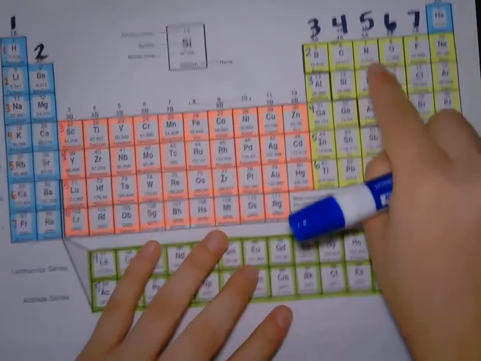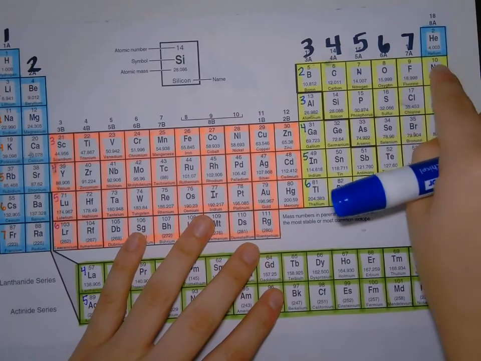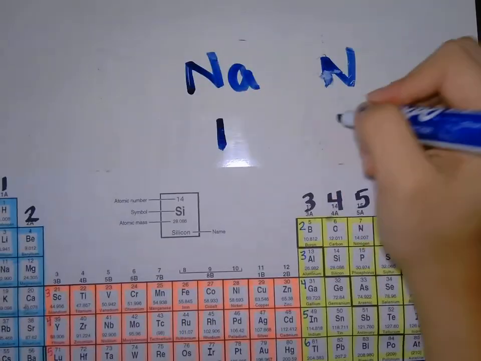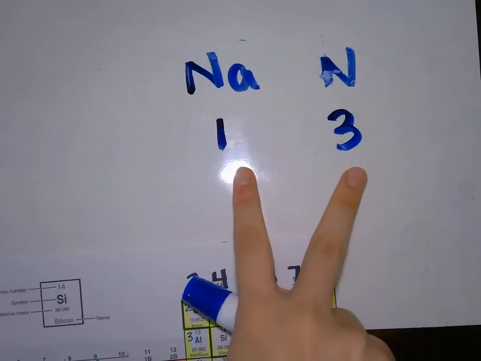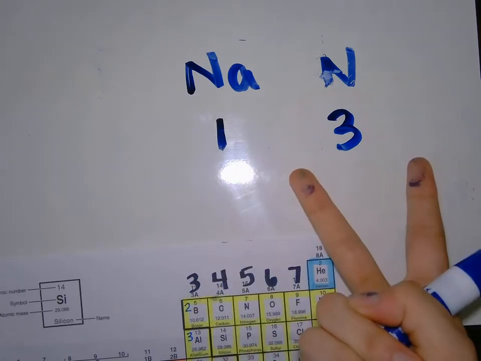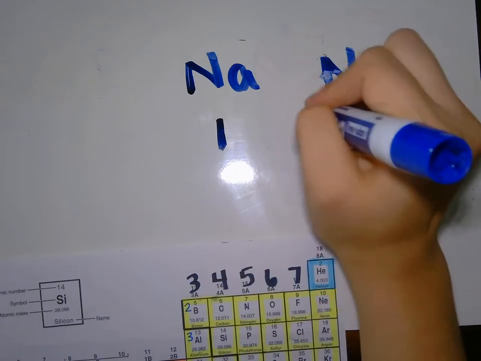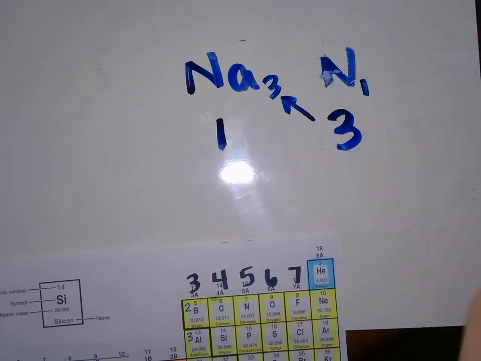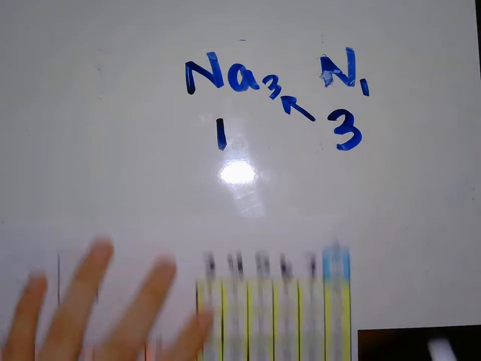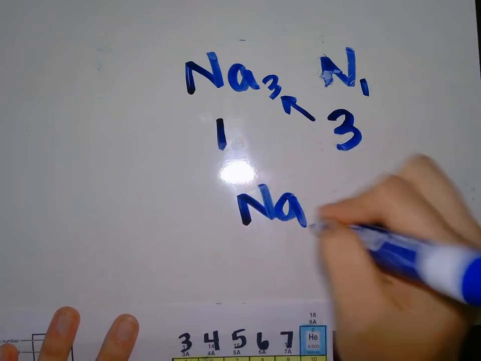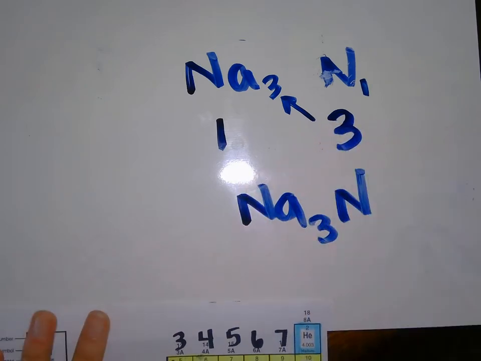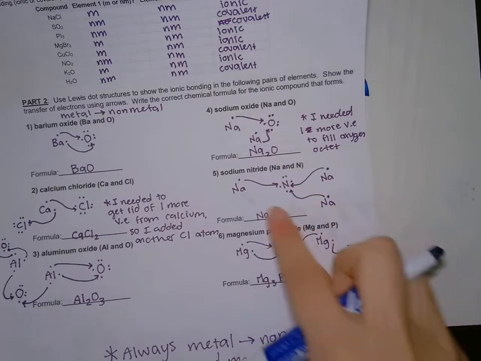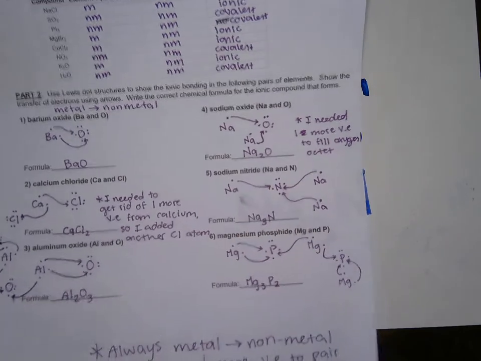And nitrogen is 1, 2, 3 spots away from being a noble gas. What they're going to do is they're going to transfer their electrons. So the 3 goes to my sodium and the 1 goes to my nitrogen, which is the same thing as not writing anything here. So the formula for these two when they bond is going to be this, which is what you would have gotten if you would have drawn out the whole thing.